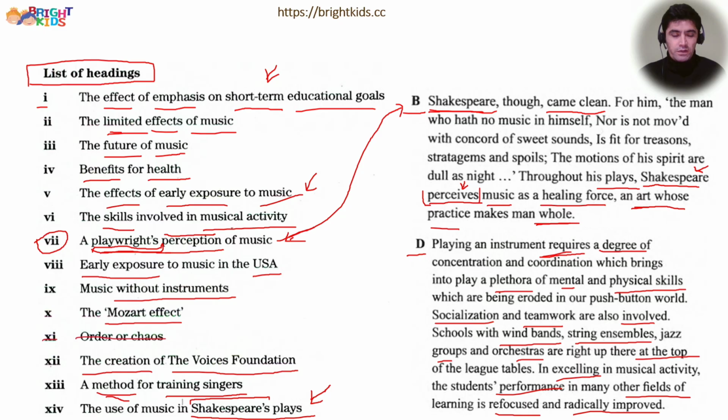The skills involved in musical activity. Now let's take a closer look at this one. The skills involved in musical activity. So the information here says playing an instrument requires a degree of concentration and coordination, which brings into play a plethora of mental and physical skills which are being eroded in our push-button world.